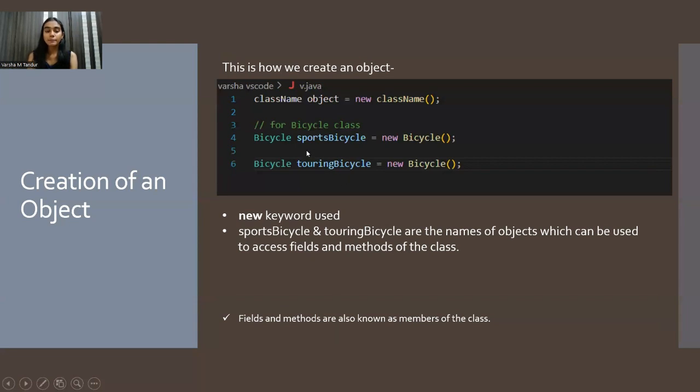And here in the example, sports bicycle and touring bicycles are the two objects which are created for the same class bicycle. These objects can be further used in the program to access the methods and any other fields of the class.